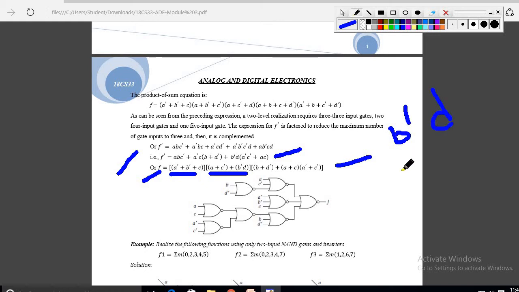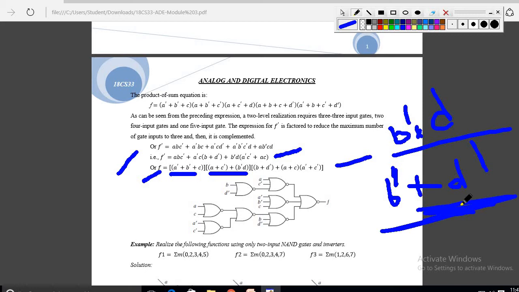I wanted this realization using NOR gate. Because I don't want AND gate, I want NOR gate, for that reason we have to convert this. It will be B dash plus D dash, so B plus D bar, forming a NOR gate, right?